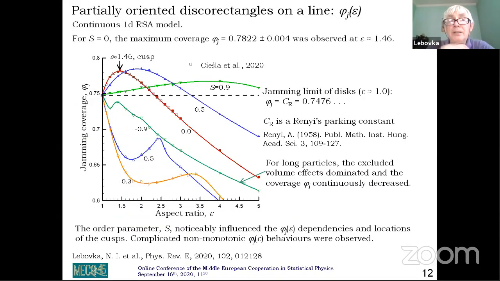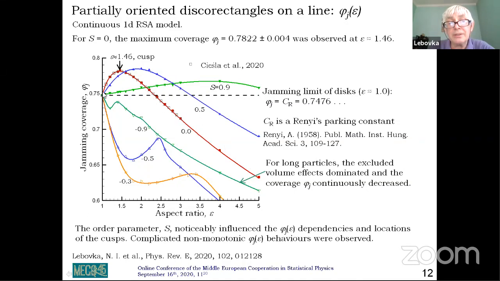We have analyzed the dependence of the jamming coverage versus the aspect ratio. Aspect ratio is the ratio of the length of the particle and its width. For different order parameters, you see, for example, the situation when the order parameter is equal to 0, the disordered rectangles on the line.